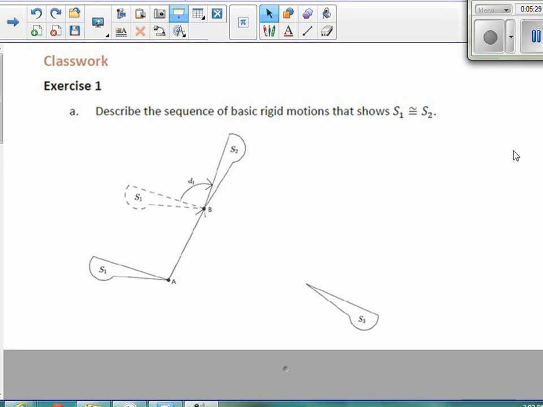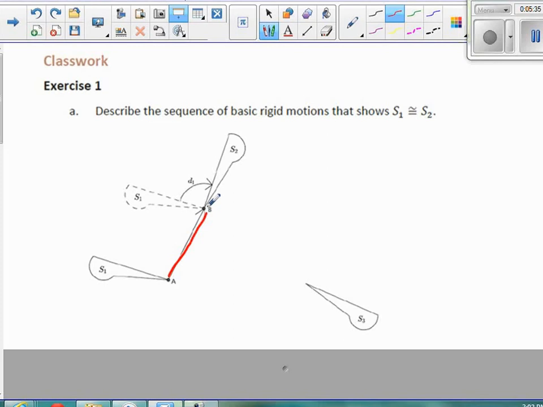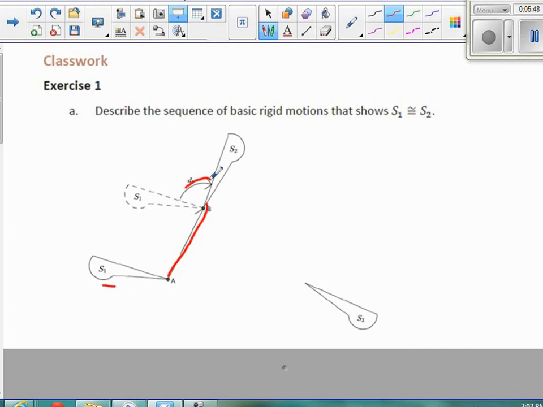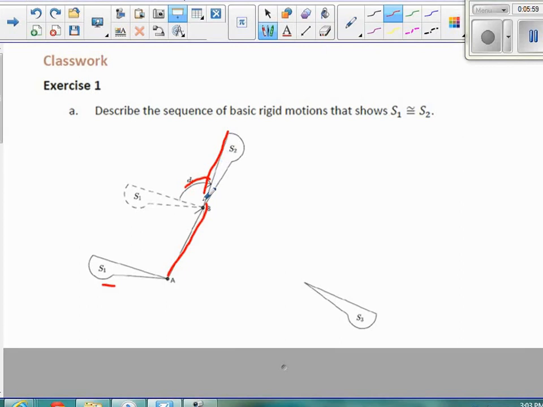So what you should have drawn is a vector, and this shows it right here, vector AB, and you translated S1 along vector AB, and then you would perform a rotation of d degrees, and then once S1 is rotated d degrees, it should line up like this.